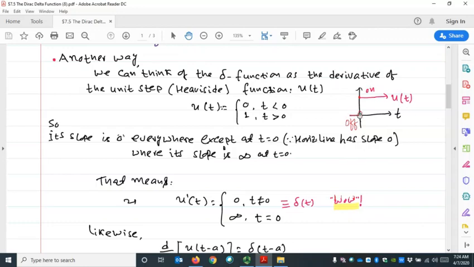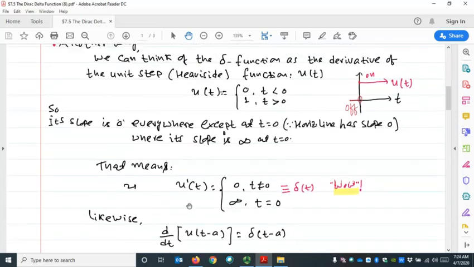This is a horizontal line, slope is 0. This is a horizontal line, slope is 0. But here the slope doesn't exist. So that means u prime of t equals 0 when t is not 0 and infinite when t is 0. So that's simply the function delta of t.